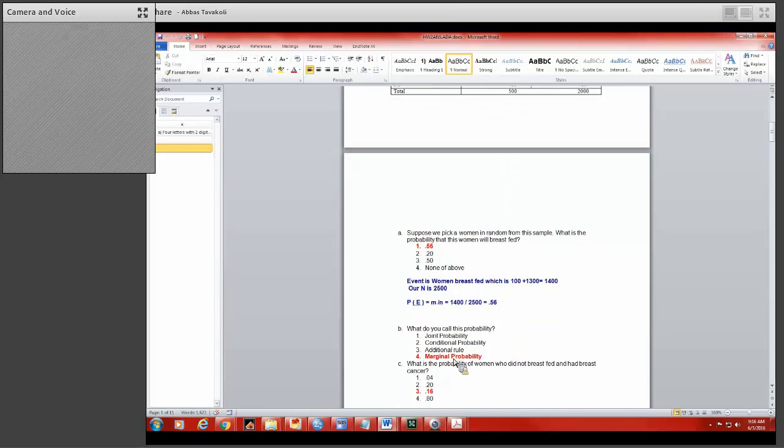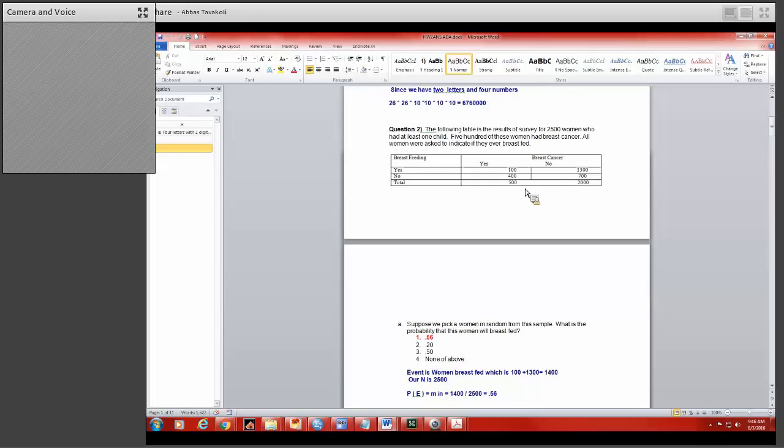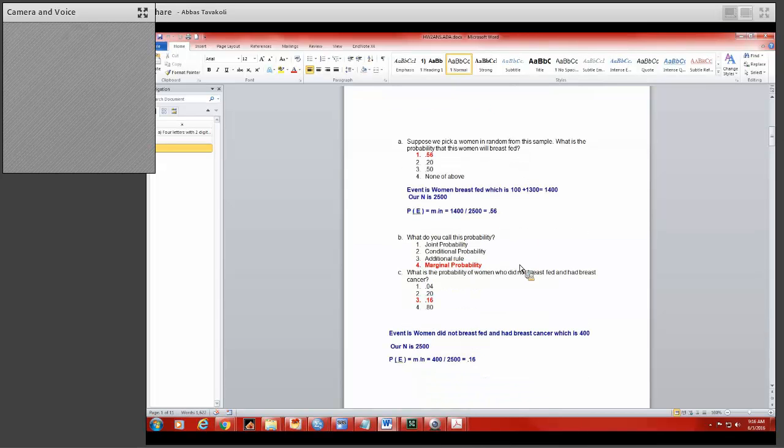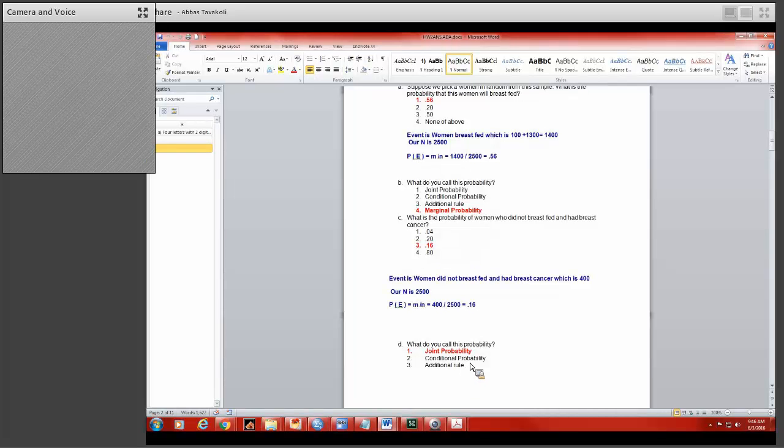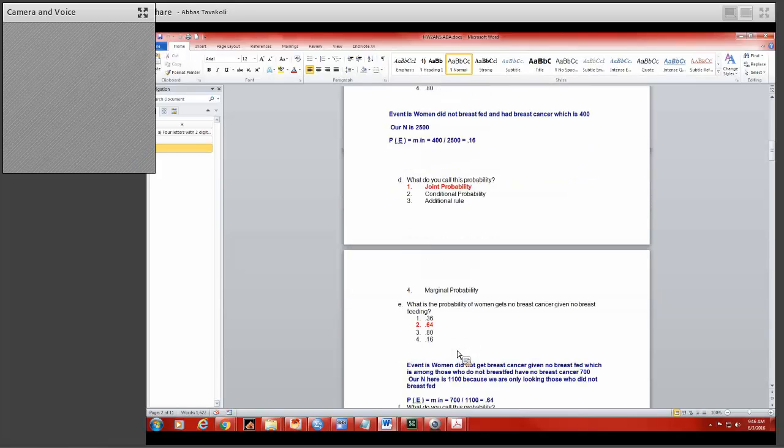What we call this probability is marginal probability. Now, what is the probability of a woman who did not breastfeed and had breast cancer? It's 400, that intersection, over 2500, which is 0.16. Again, that probability is called joint probability.